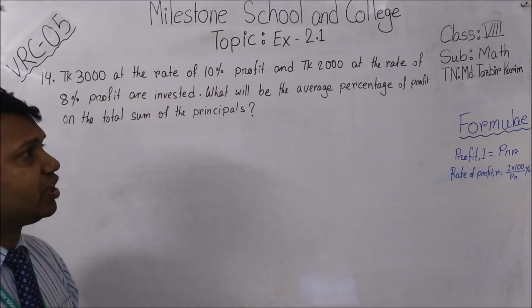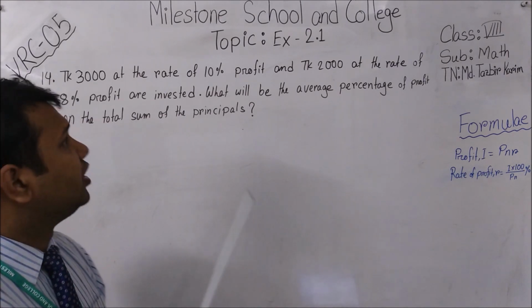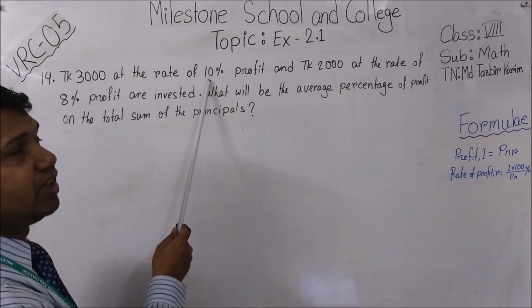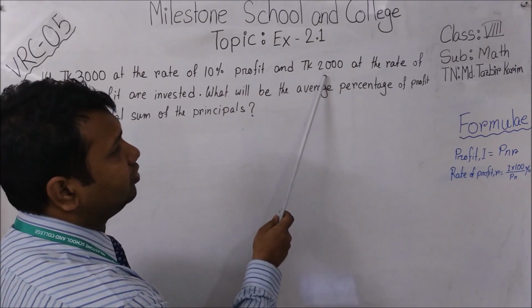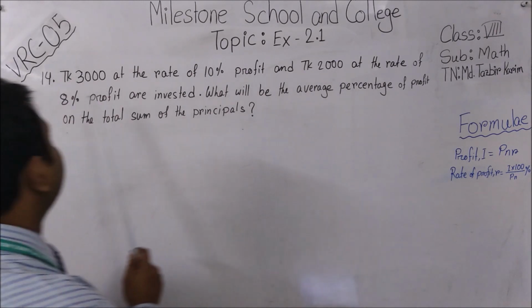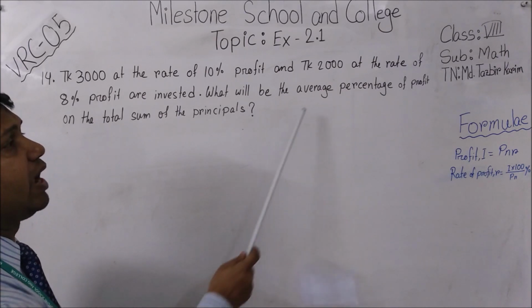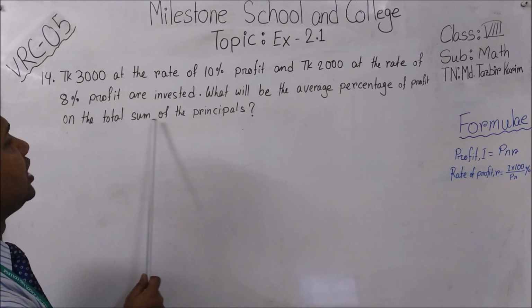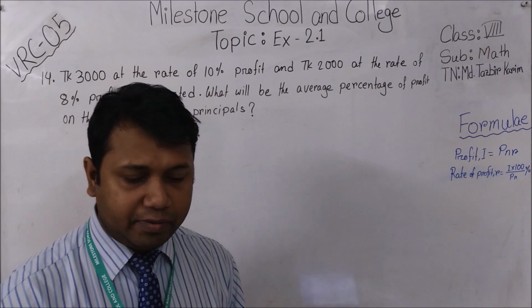So the question is about two investments at two rates of profit. The first investment is 3000 taka, which is invested at 10% rate of profit. Another principal, that is 2000 taka, is invested at the rate of 8% profit. The question told us to find out the average percentage of profit on the total sum of the principal. So that we have to find out. I think you understand.